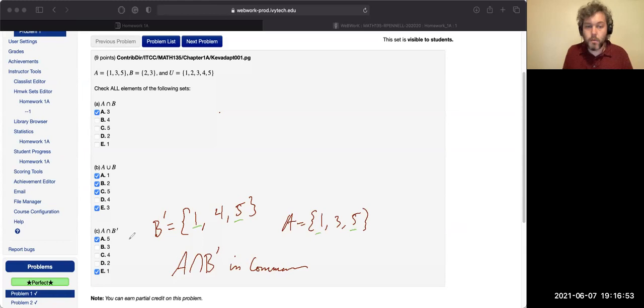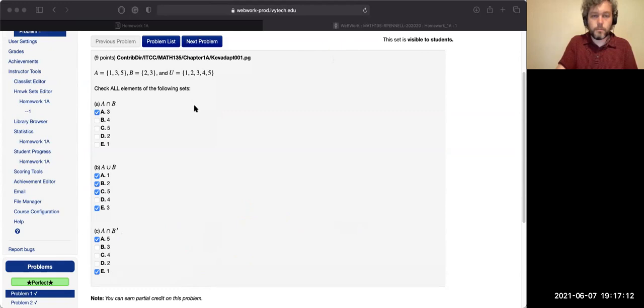So I would think to select 1 and 5. Okay, so that's why I did that. Hopefully that makes sense. It asks about B complement, so I had to find B complement. It wasn't given, so I had to find it, but it wasn't too bad since they gave me the universal set. All right, well, hopefully that makes sense.